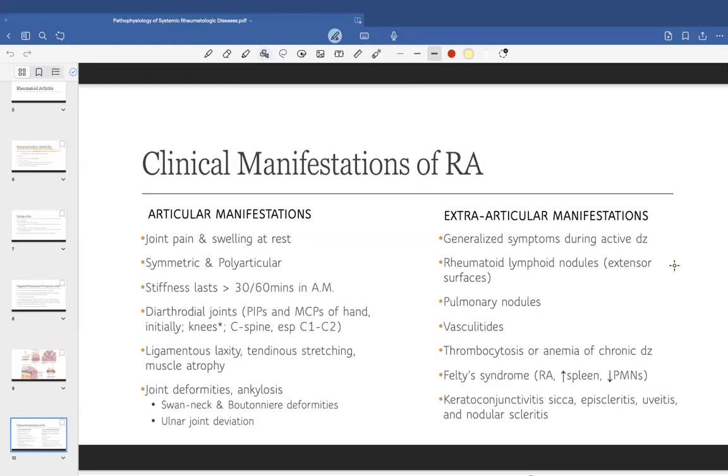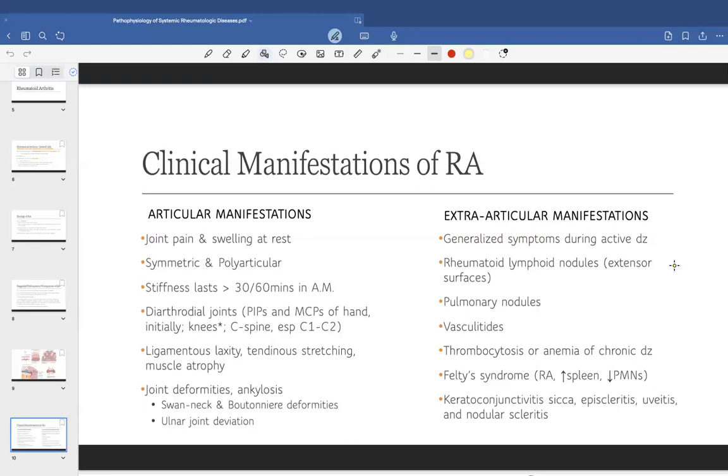Some of the extra-articular manifestations are listed here. And so, again, just think about this as a more systemic inflammatory reaction wherever these rheumatoid factor immunoglobulin complexes are, that it can create inflammatory changes.